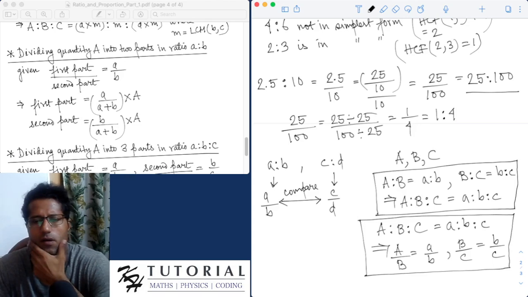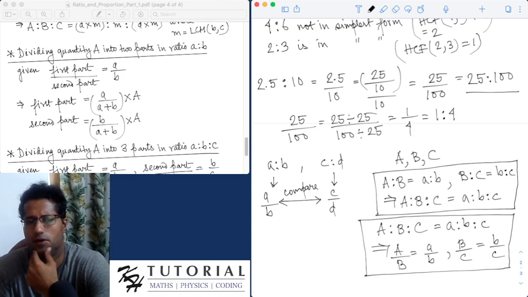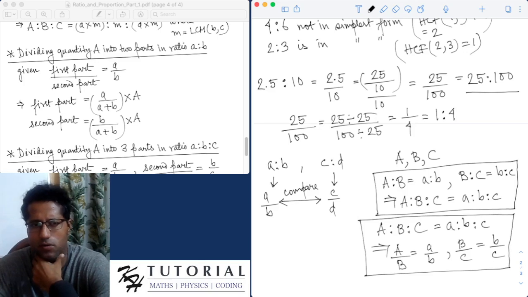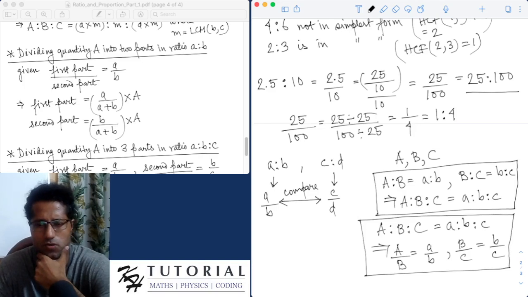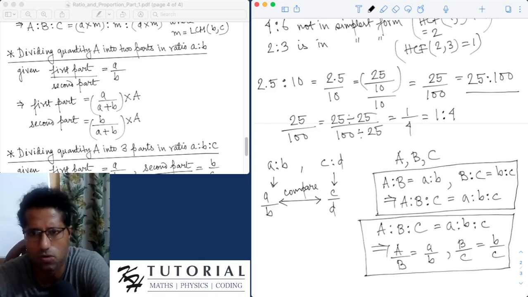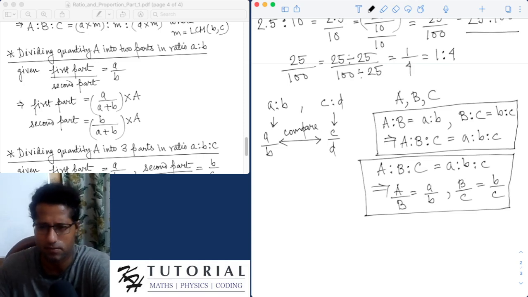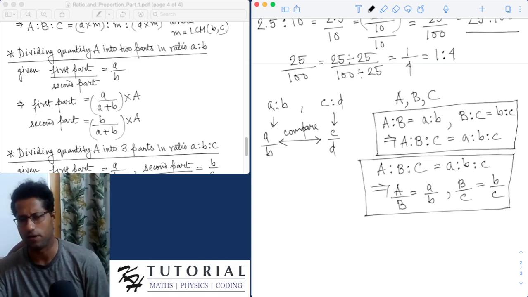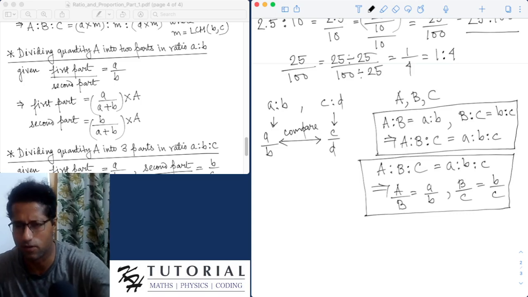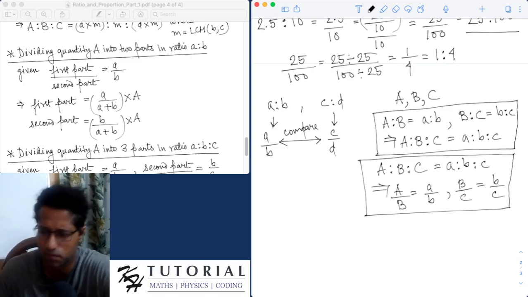Now a typical problem is how do you divide a quantity A into two parts in the ratio A is to B. So there is a quantity A given, that this quantity could be any value, any number of some kind, of some unit. It could be age, it could be length, it could be weight, it could be whatever.